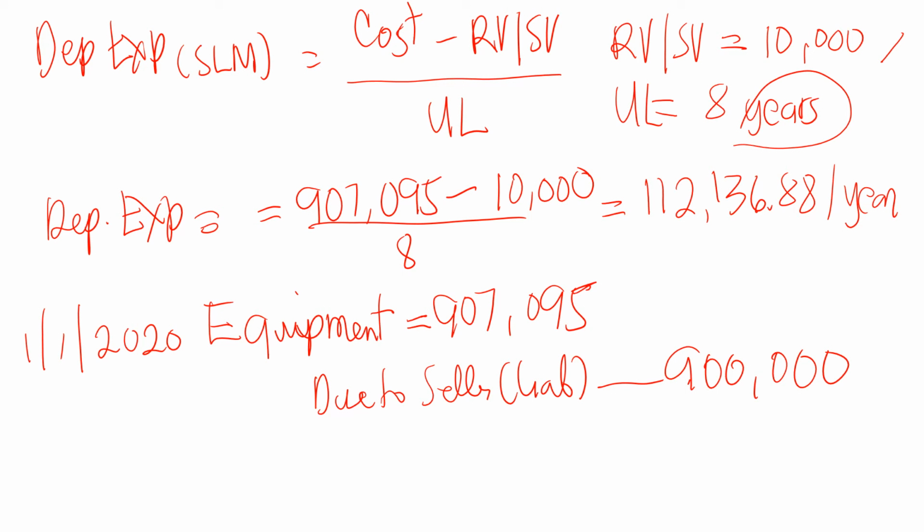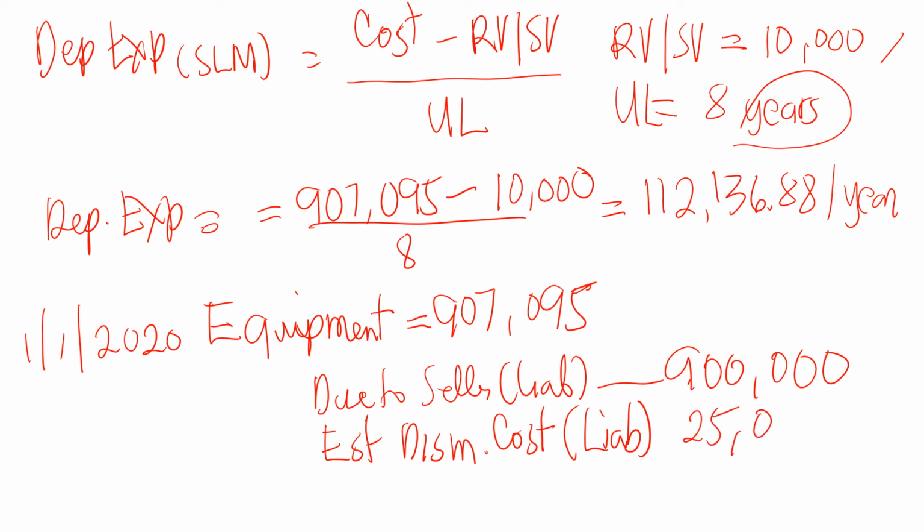Then credit to estimated dismantling cost, or in the book the author used provision for equipment dismantling. So estimated dismantling cost, take note, this is also a liability. This is 25,095. Due to seller.